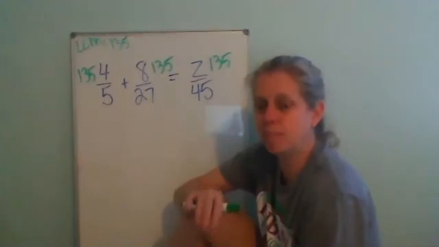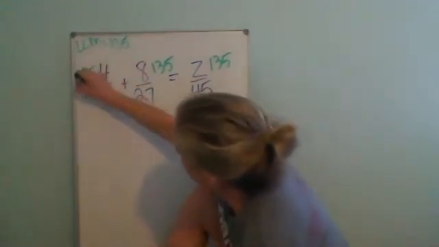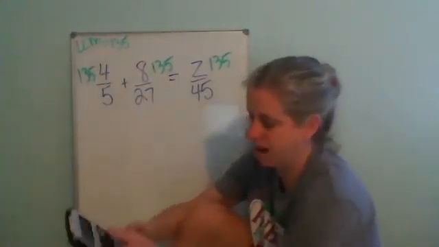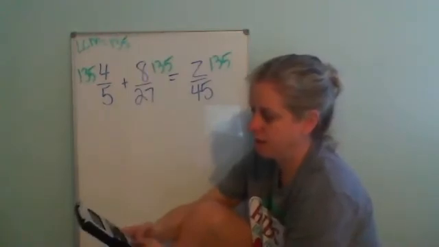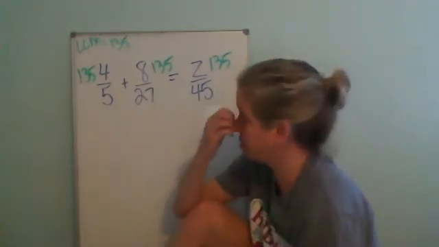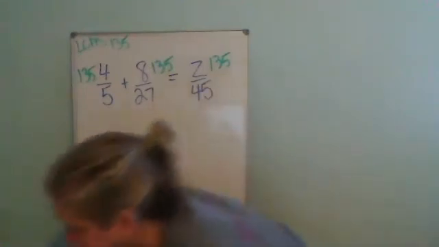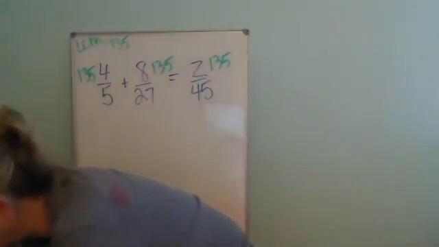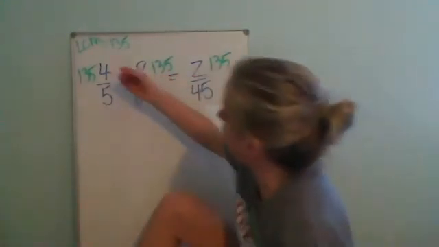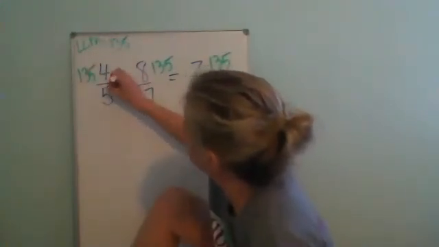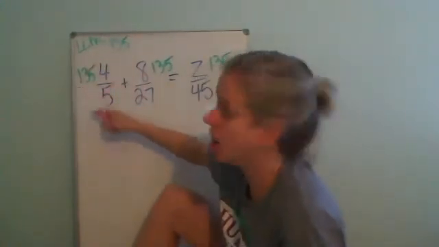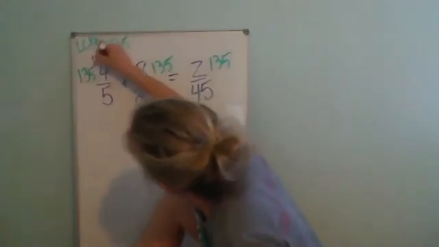I'm going to divide by 135. What is 135 divided by 5? 135 divided by 5 gives me 27. So 135 over 5 gives me 27.